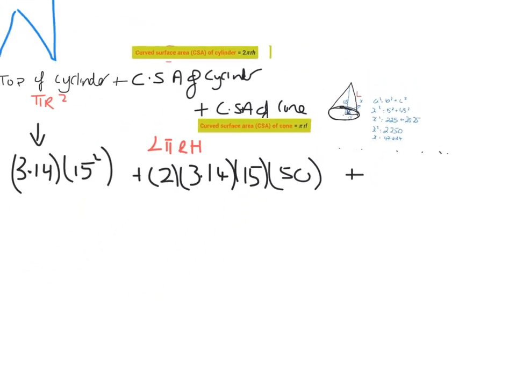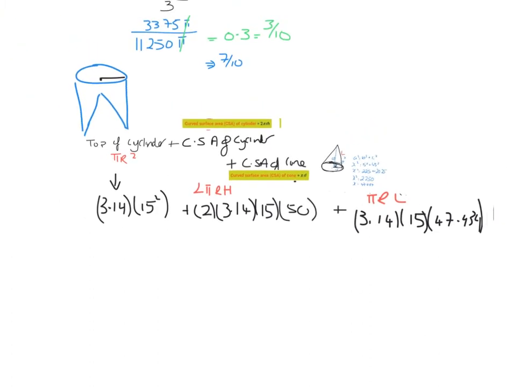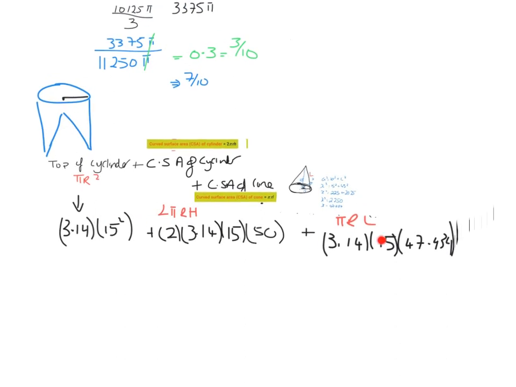So I can now do the last part, the curved surface area, which is pi r L. It would be 3.14 multiplied by my r, which is 15, multiplied by L, which I now know is 47.434. And that, guys, is all the hard work.